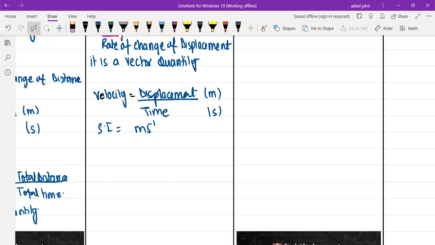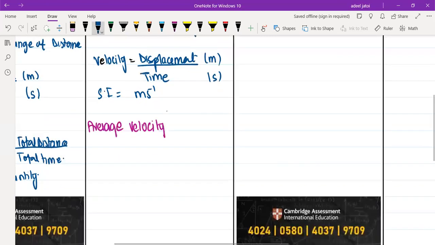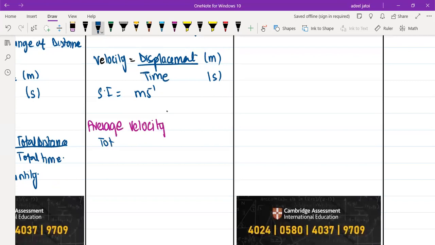So average velocity is almost similar to what we did. Average velocity will be total displacement upon total time.